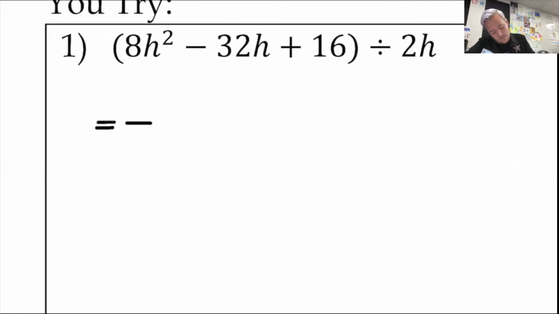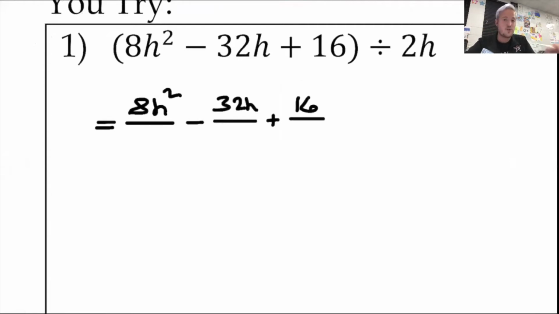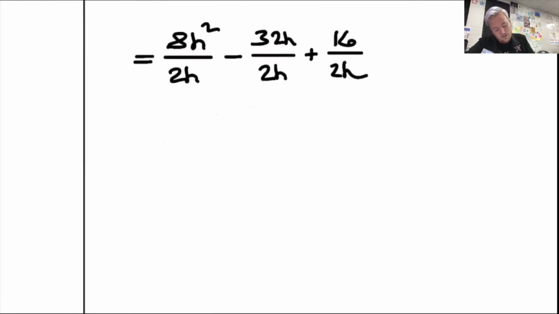All right, so I'm going to do 8h squared minus 32h plus 16. So every term of the dividend gets its own numerator. And then the divisor is written in every single denominator. All right, so now you just want to simplify from here.